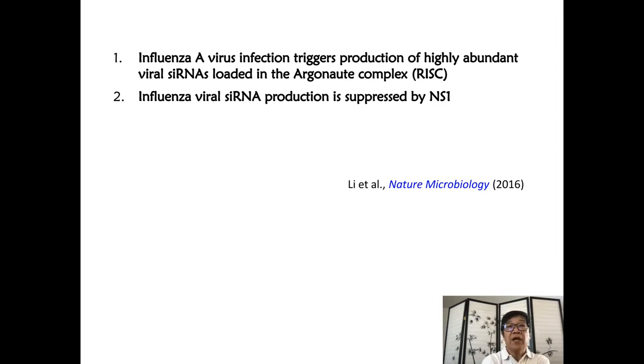So together, our results show that in the absence of NS1 expression, infection with influenza A virus does trigger production of highly abundant viral siRNAs, and they are loaded into the Argonaute complex.